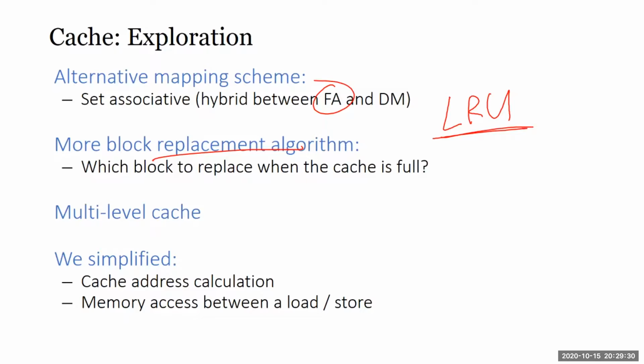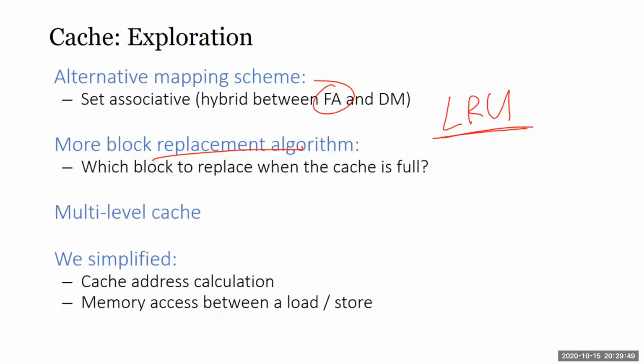There are many other replacement algorithms that you can try. The whole point is that without a benchmark and without knowing what kind of data it is, it is not easy to figure out which is the best algorithm.